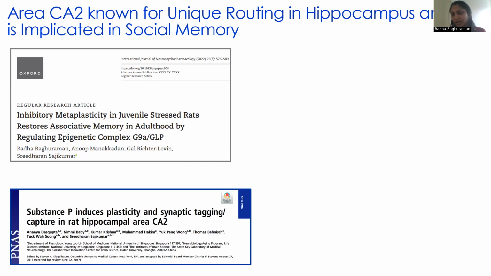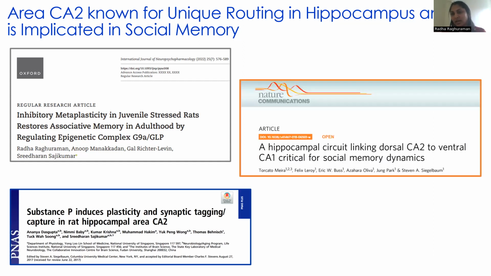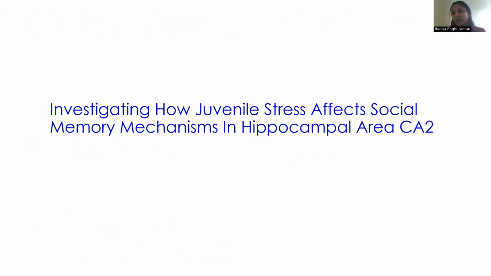But about the same time, Siegelbaum's lab came up with a paper back in 2018, when we were wrapping up this project, showing the link between dorsal CA1, ventral CA2, CA1 and CA2. We thought it would be silly not to look at the effect of juvenile stress in CA2. So we set about looking at some of the behavioral experiments and slice electrophysiology experiments in CA2.